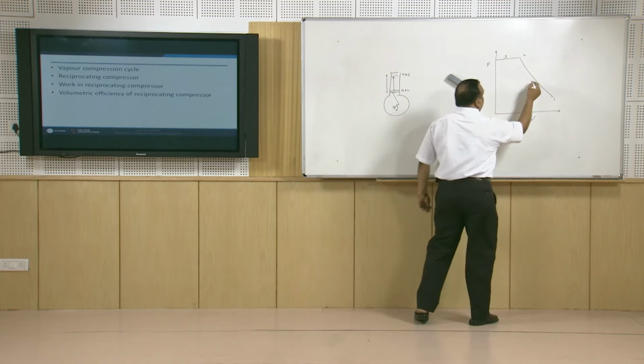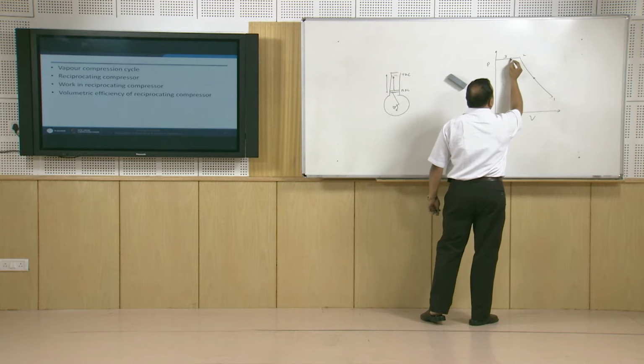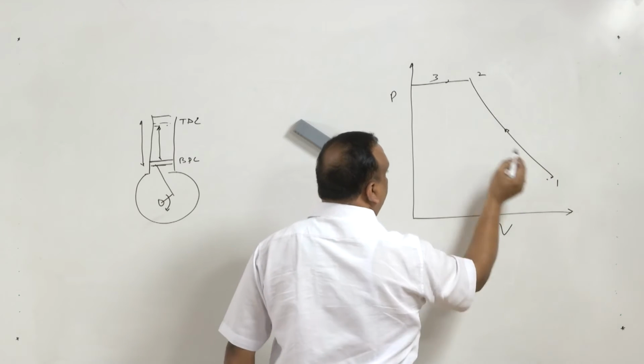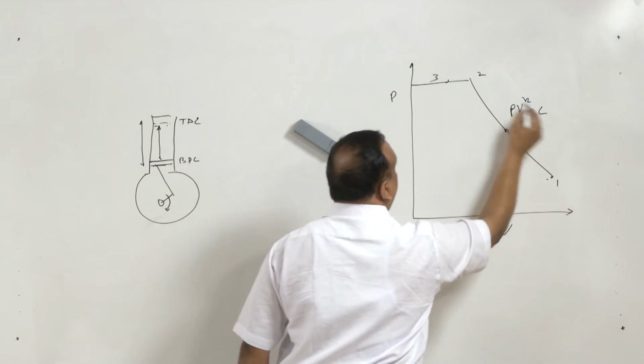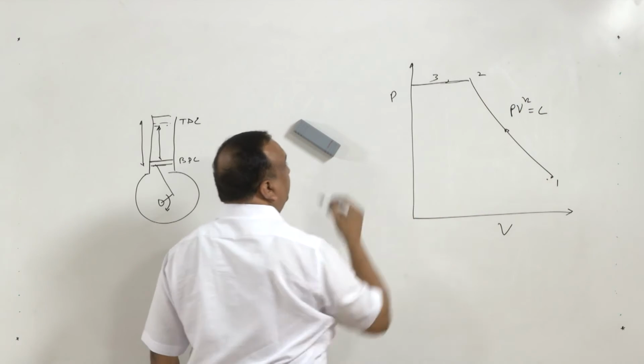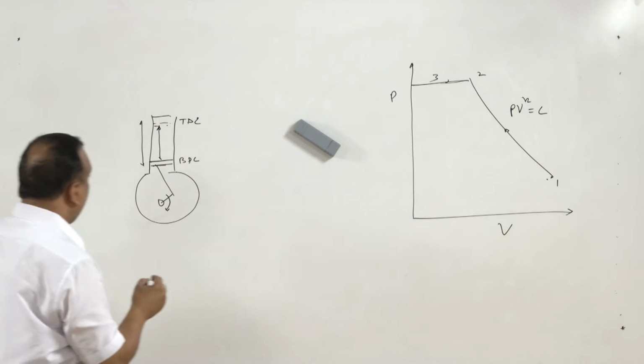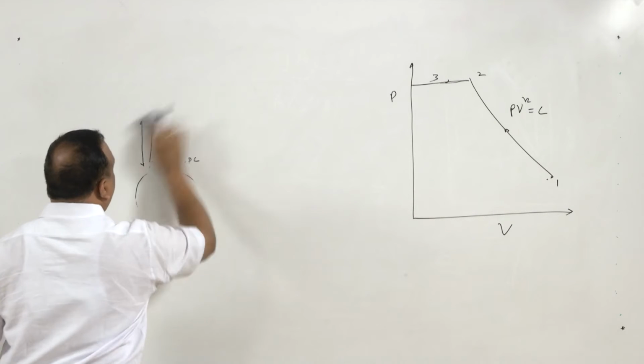Now, in this process, part of the process is polytropic, PV raised to power n is equal to constant, and part of the process is constant pressure process. I will draw a larger diagram.